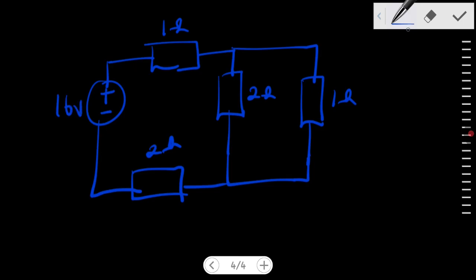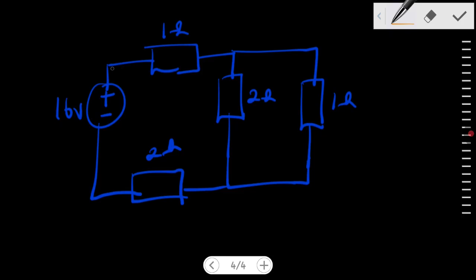Now, if you look at this, current will flow from positive. So we have our I here, which will be the total current into the circuit, right? Now that current comes and divides here.